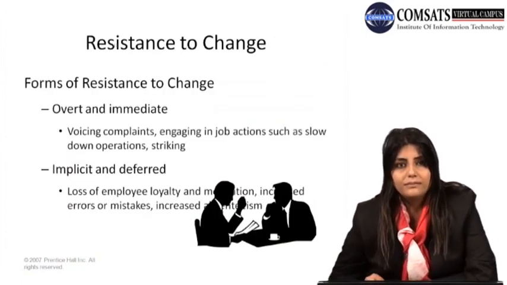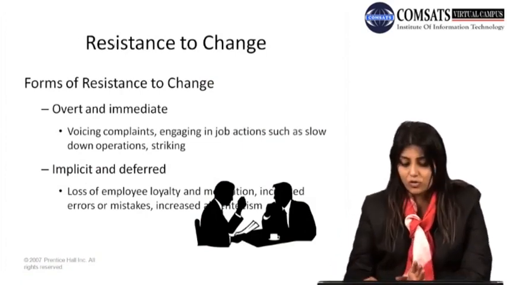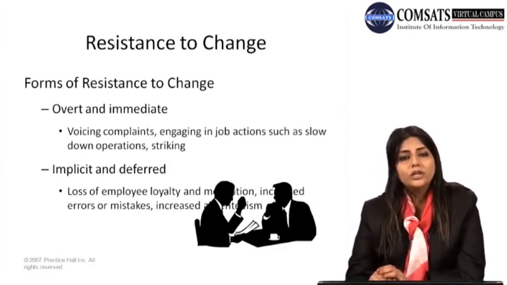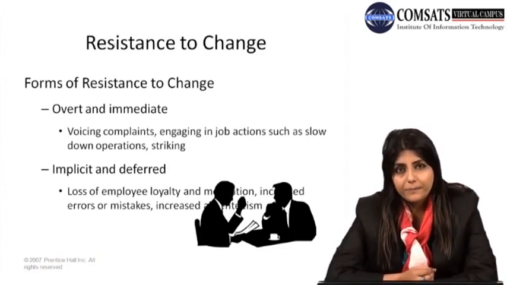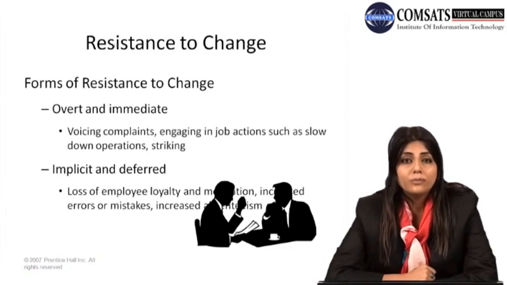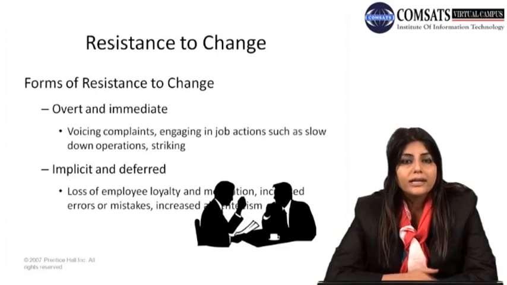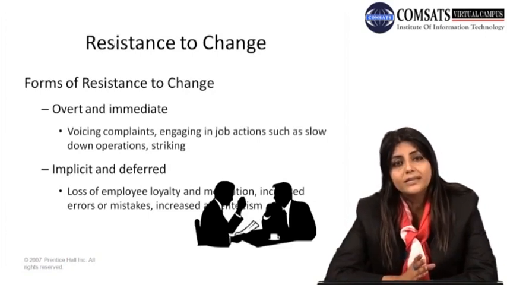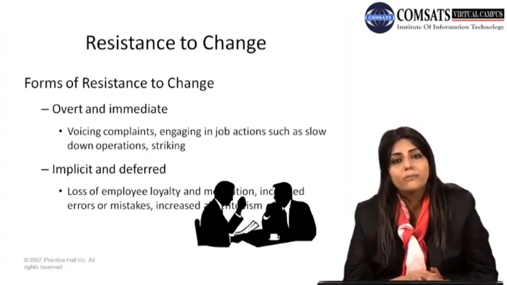Okay, then if we discuss this, I just told you that change can also be unplanned, right? An example of unplanned change, if I recall, was a real case in which some of the employees in a small hotel went to their manager one morning, and said to the manager that they now need more and more flexibility in their work because of the different challenges that they have in their homes, and it's not possible for them to work from 9 to 5.